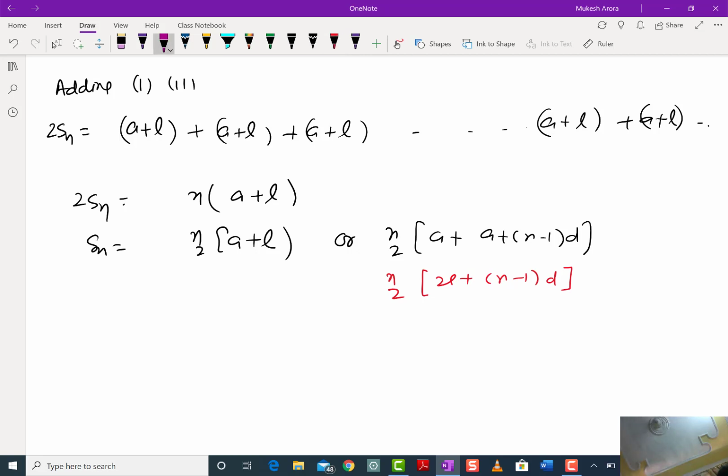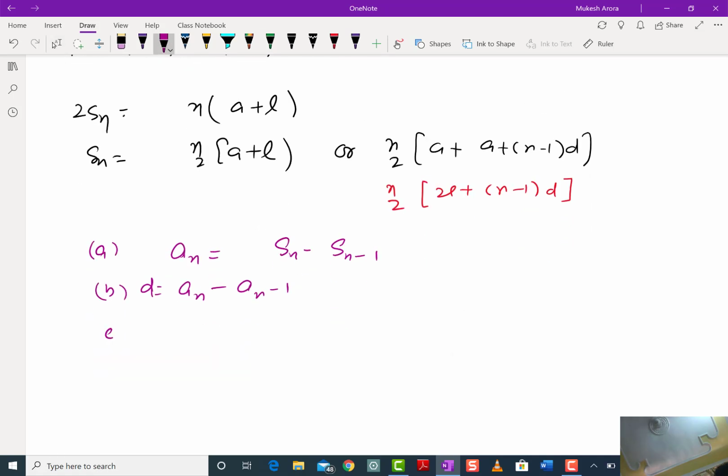Another thing we have to understand here is that the nth term is also equal to the sum of n terms minus the sum of n minus 1 terms, and d is equal to an minus an minus 1.